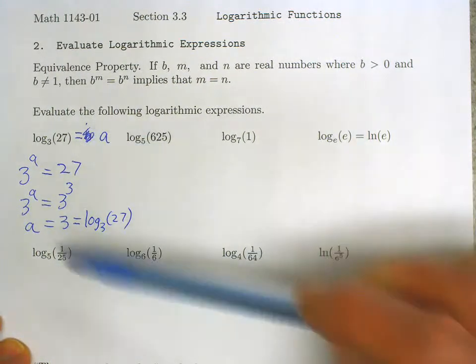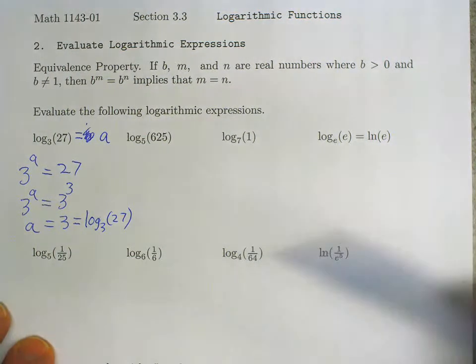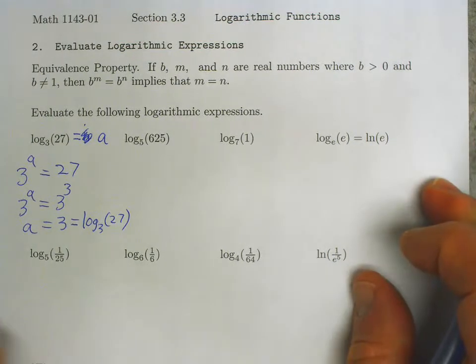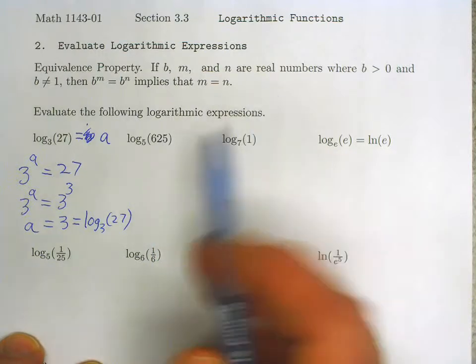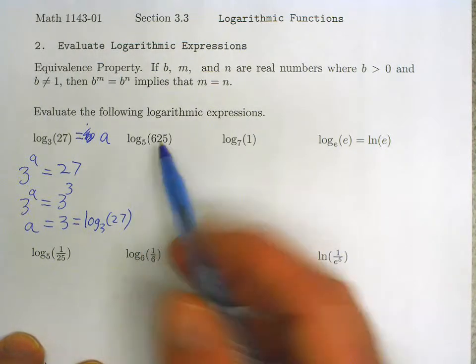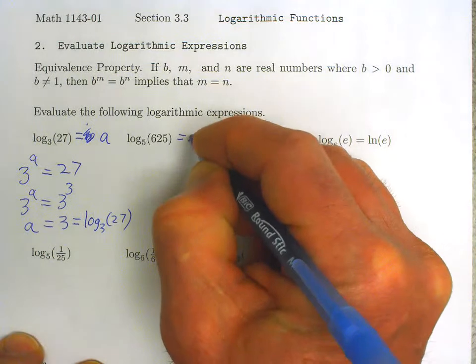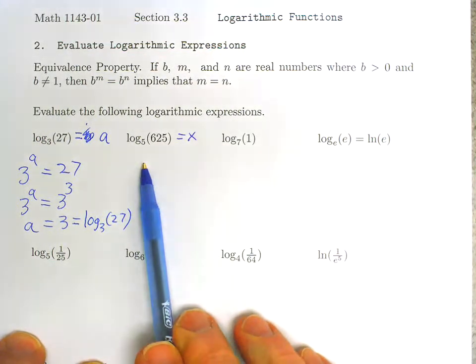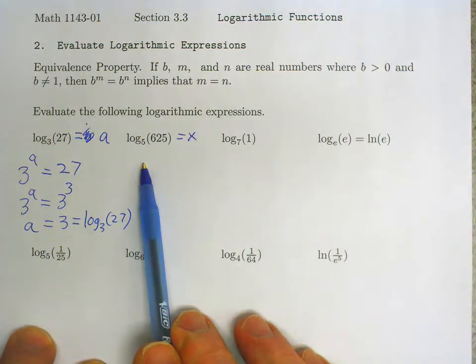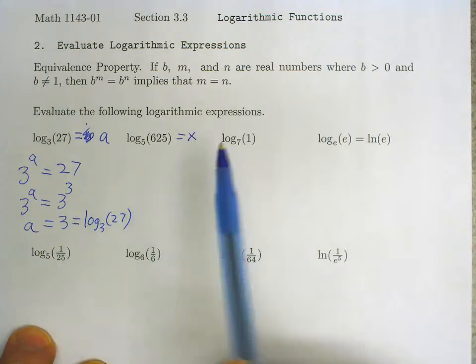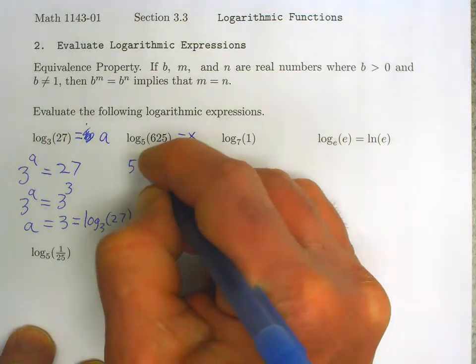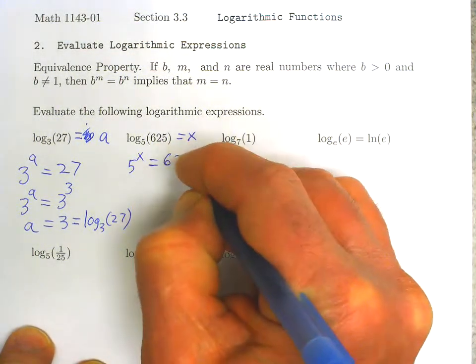Okay, this is a little more writing than is absolutely necessary. So on this one, this time I'll use x. Log base 5 of 625 equals x. Convert this to its exponential equation equivalent, 5 raised to the exponent x equals 625.